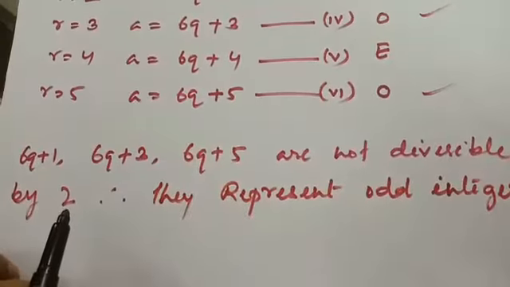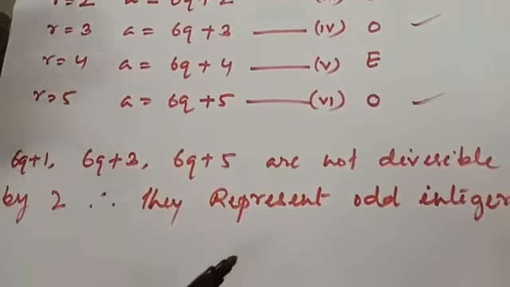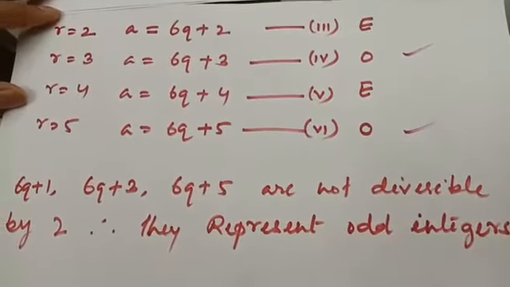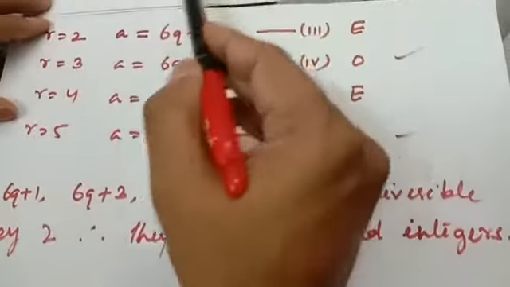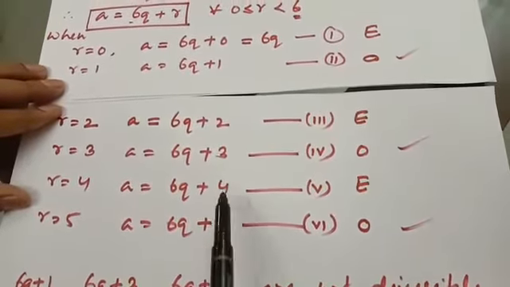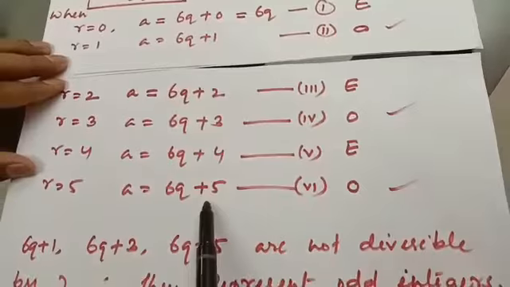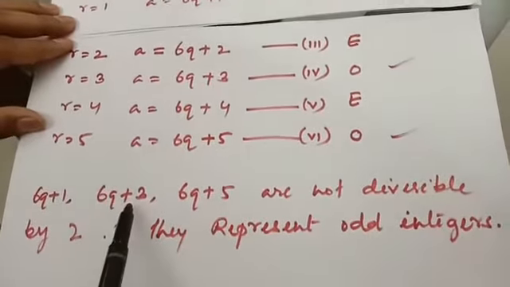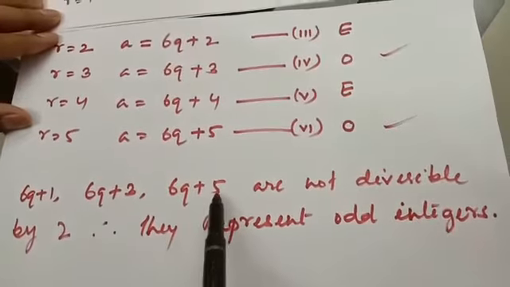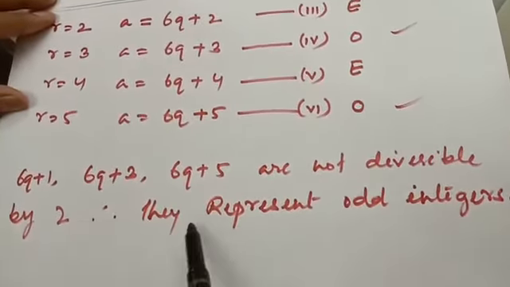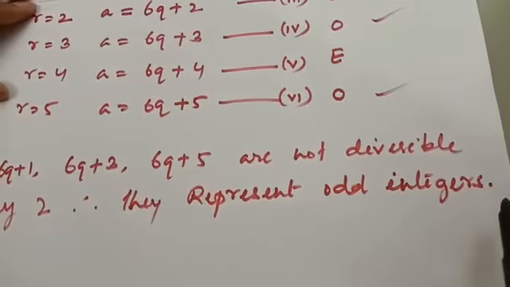So finally, any positive integer can be represented in the form of 6q plus 1, 6q plus 2, 6q plus 3, 6q plus 4 and 6q plus 5, out of which 6q plus 1, 6q plus 3 and 6q plus 5 are not divisible by 2. Therefore, they represent odd integers.